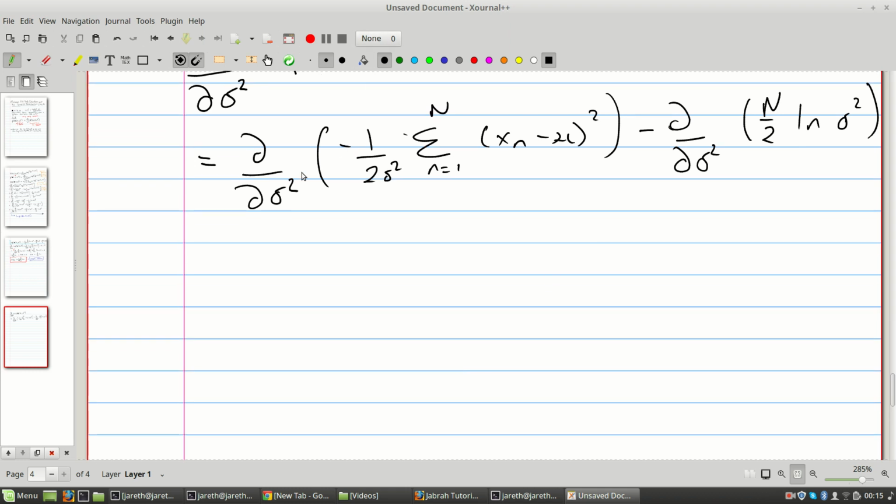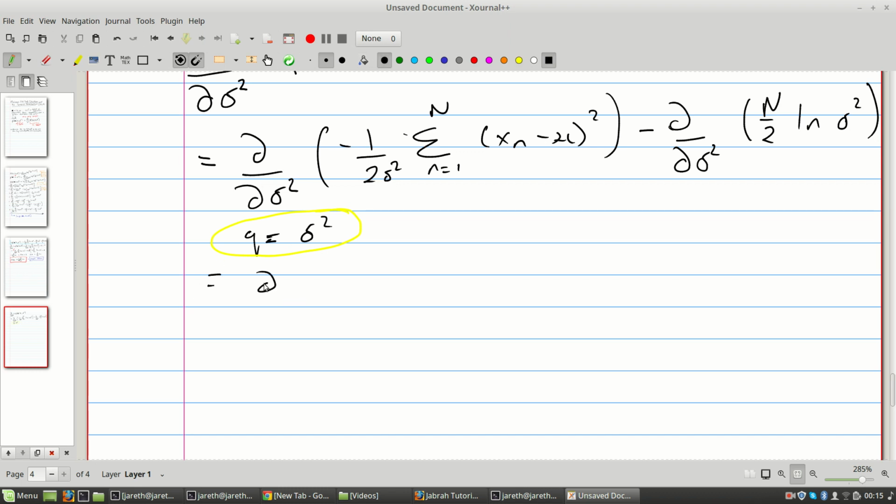For the sake of making things clearer, I'm just going to say q equals sigma squared.